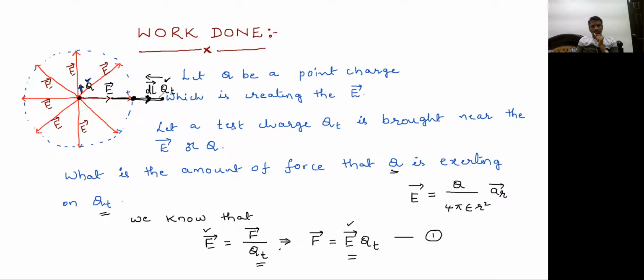Let us take, for example, if you try to drop something from a height of, let's say, 1 meter or 2 meter above the earth, if you just release it, it will simply fall down. That is because the gravitational field is acting downwards, with an acceleration due to gravity of 9.8 meter per second square.